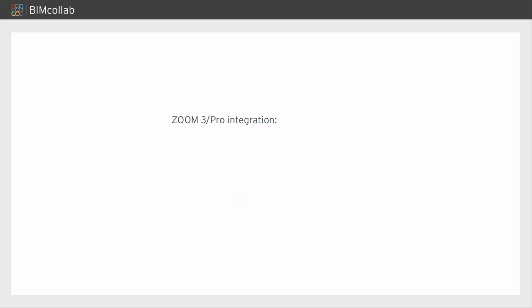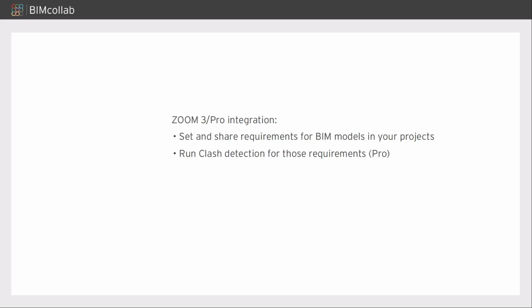We recently released also a pro version for this that actually allows you to run clash detections for specific requirements. There's also a connection to BIMcollab that you can prepare those clash rules and share them with the rest of the team.